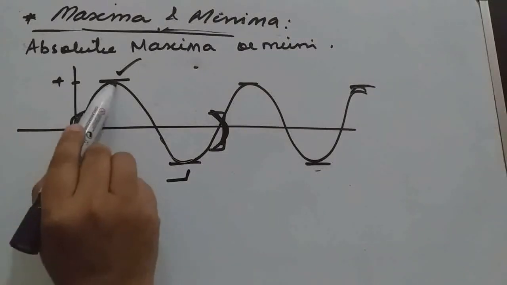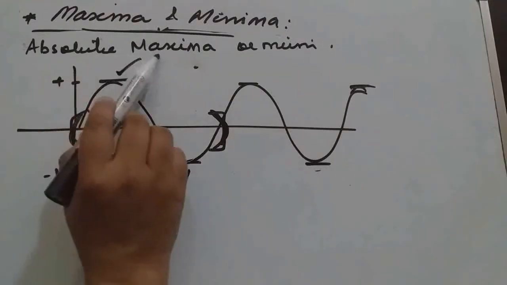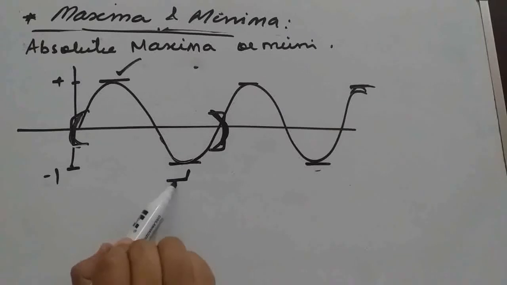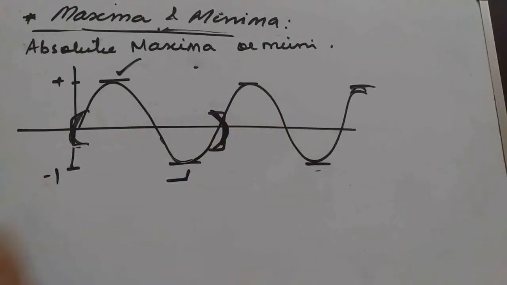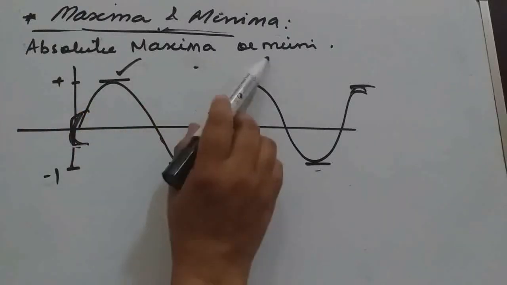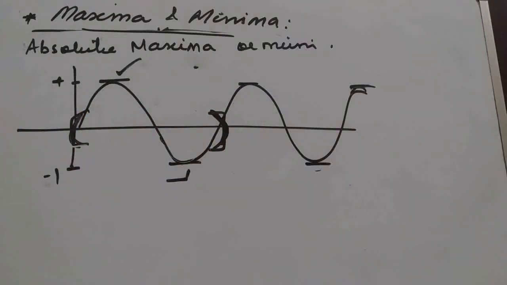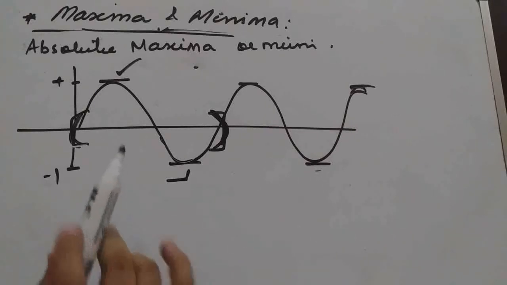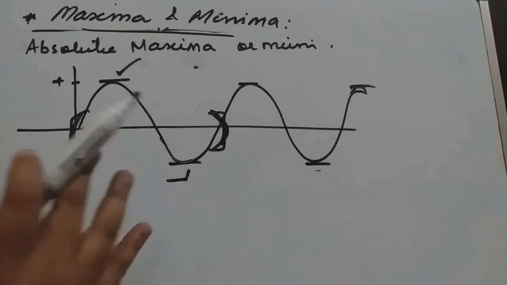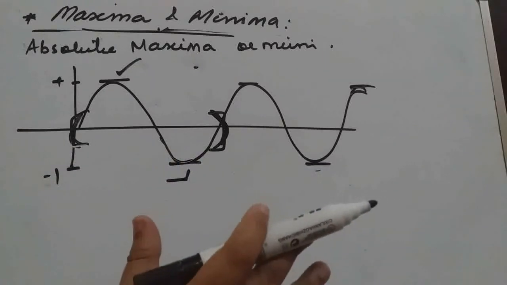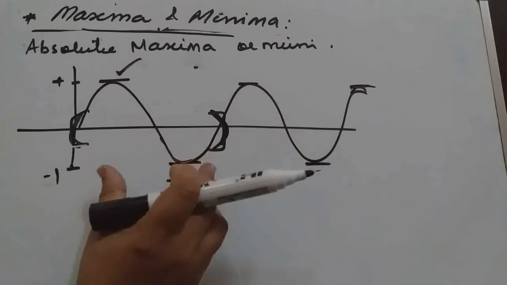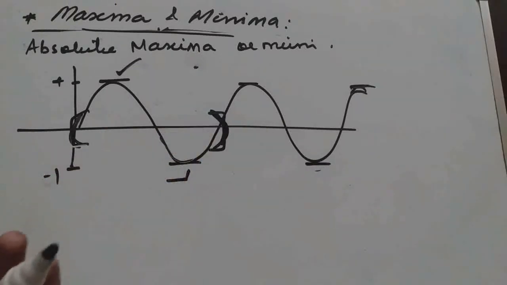So that particular maxima will be called absolute maxima and this minima absolute minima. If some functions have many critical points, we can restrict the domain to check whether the function has only one maxima or minima.